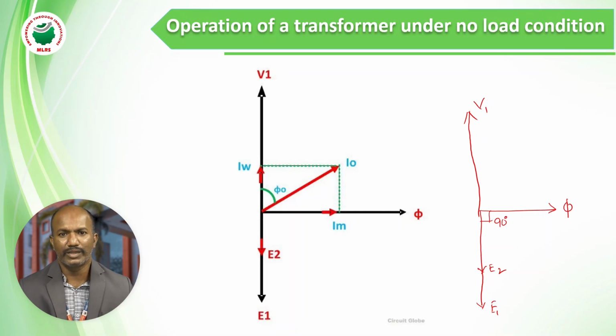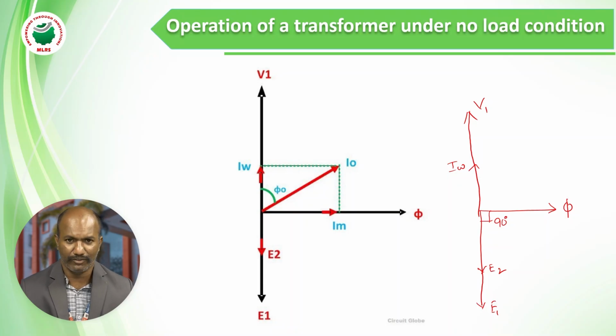We know that in a resistor, voltage and current are in phase. So I will draw IW in phase with the supply voltage, because IW is to meet iron loss.